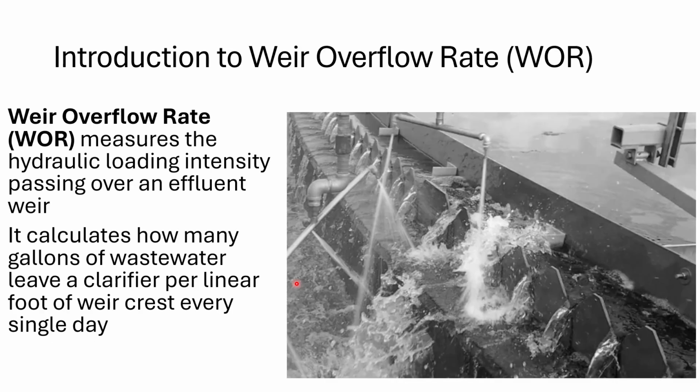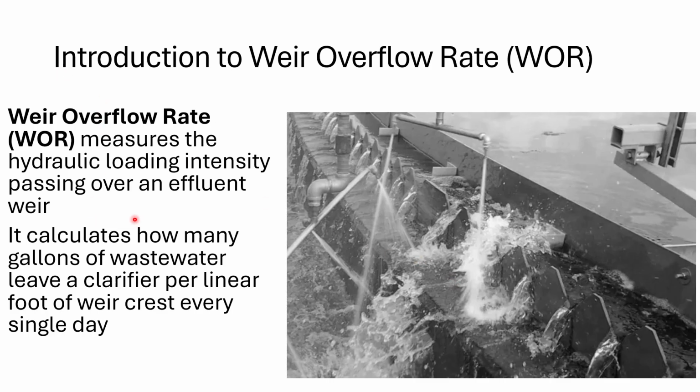So the Weir overflow rate, here's a black and white picture. These little notches are the weirs that we've talked about. And here you have a clarifier, and they're actually cleaning out the weirs here, but the water would typically overflow through this notch into what's called the effluent launderer, or a ditch surrounding the outside of the weir length, okay?